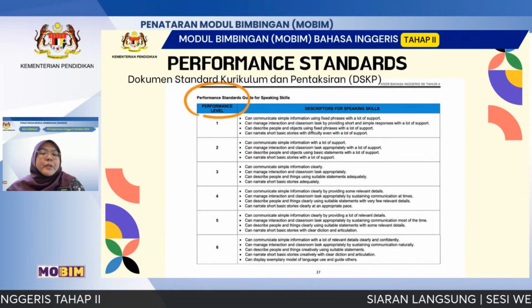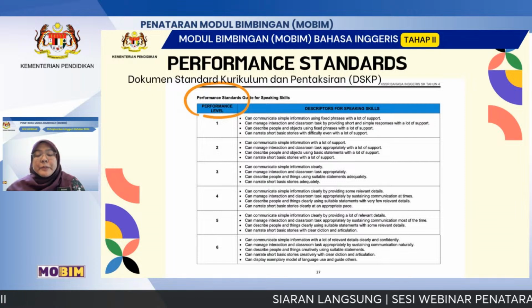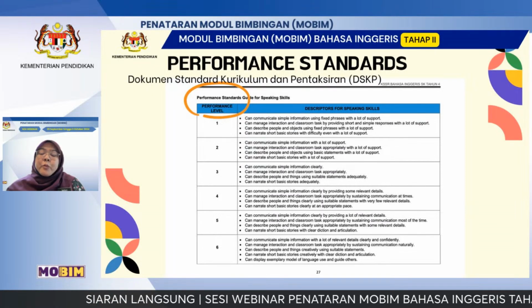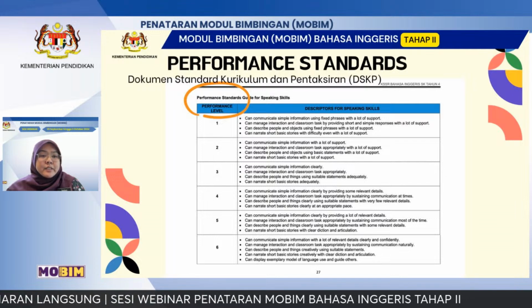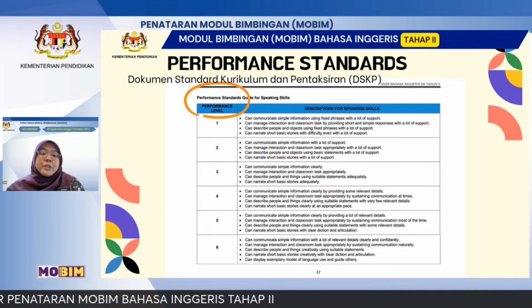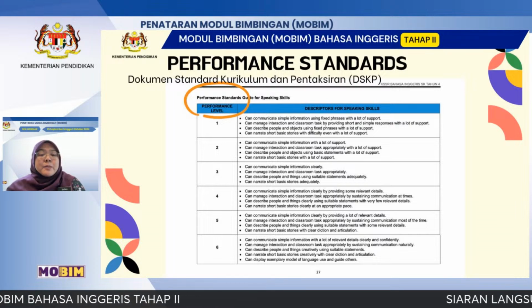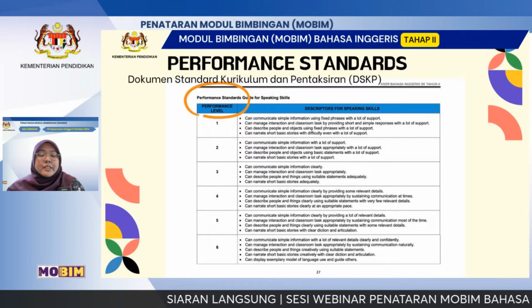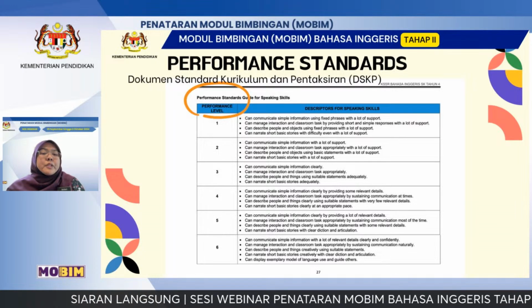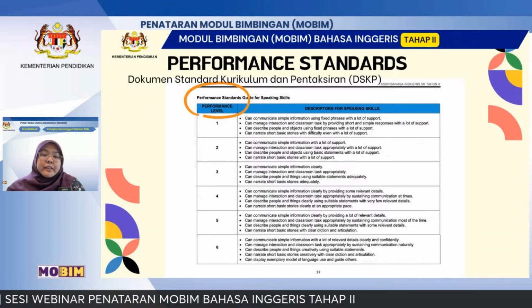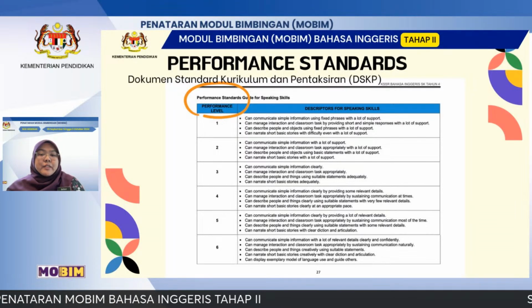For example, if you're teaching speaking to a Year 4 class, you can refer to the performance standards guide for speaking skills. I have it up for you. You can find the descriptors that outline aspects of proficiency in speaking skills. In other words, it provides descriptions that show what the pupils should be able to do to be considered proficient in speaking at this stage of learning.